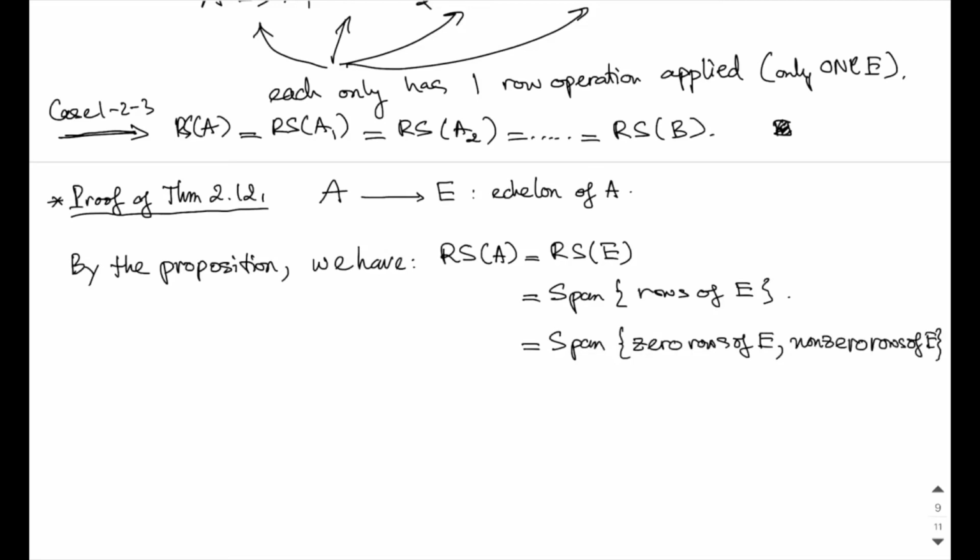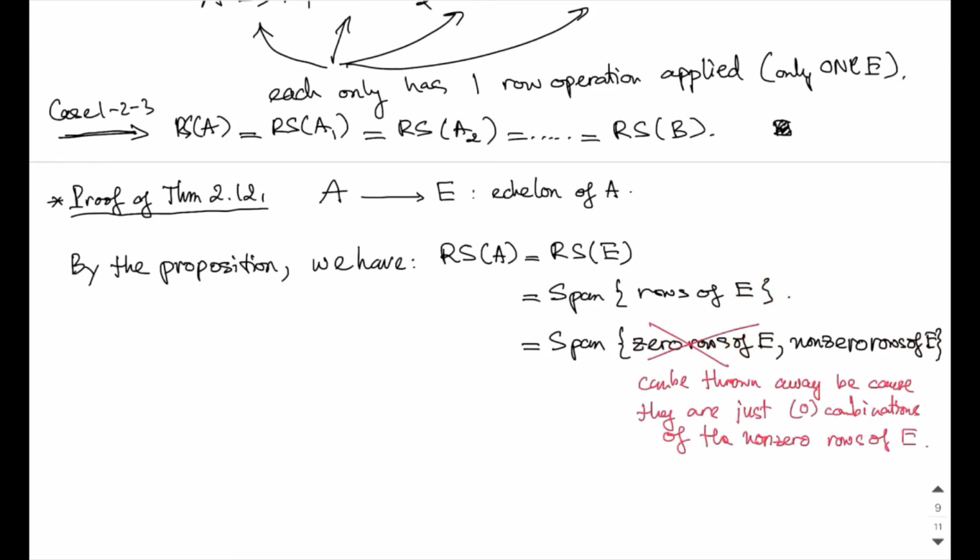Now the fact is that the 0 rows of E can be expressed as linear combinations of the non-zero rows. You just multiply 0 to all of the non-zero rows here and you add them together. You of course will get the 0 row, right? If you figure out any row or any vector that is a linear combination of the other vectors, you can throw them away. We don't need them.